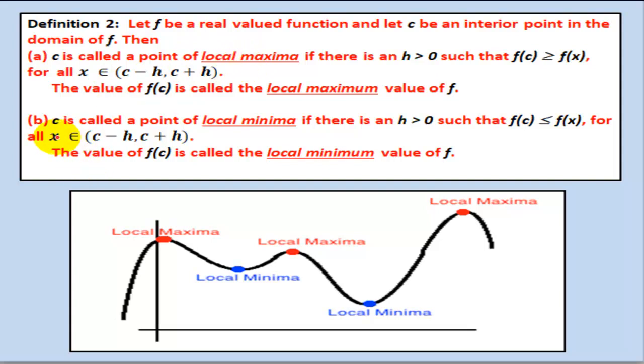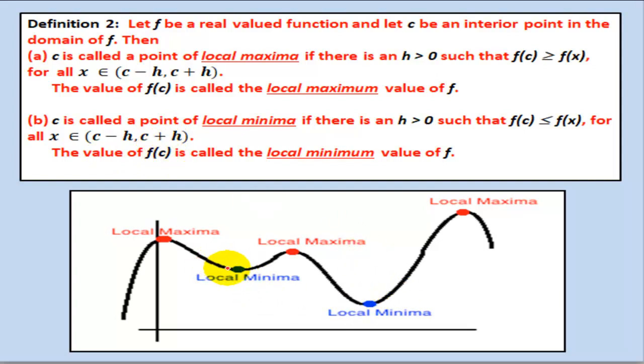In the same way, if c is a point for which f at c is coming out to be less than or equal to f(x) for all x belonging to the interval which contains numbers moving from the left neighborhood to the right neighborhood of c. You can look at this part.